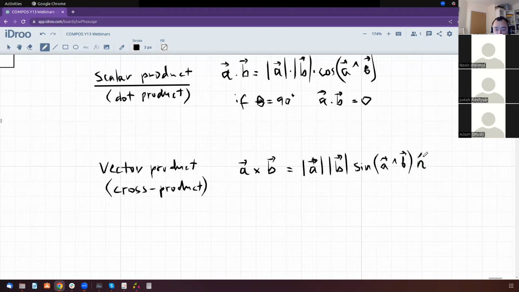But by adding here n, a vector n, and what n is, a unit vector found using the right-hand rule.